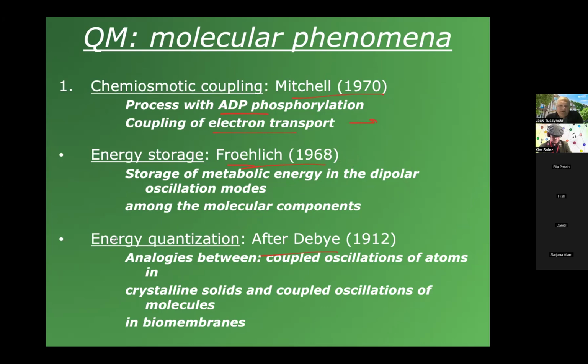And the last one is strong analogy, or the use of Debye's theory. I also mentioned to you maybe in the second lecture, Debye theory of quantization of phonons, not photons, phonons in solid state.